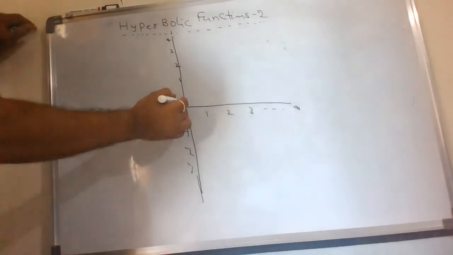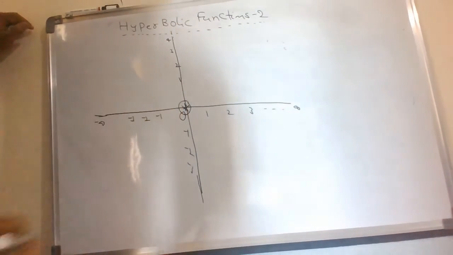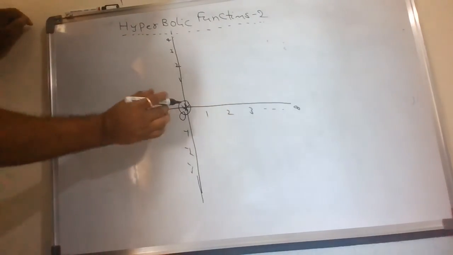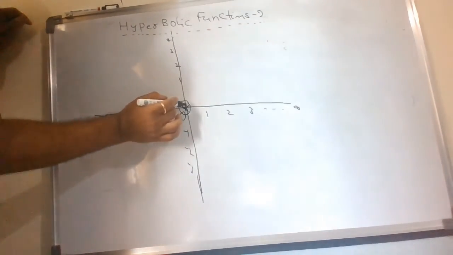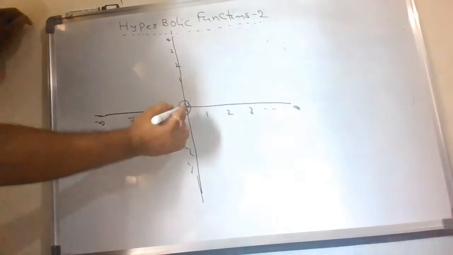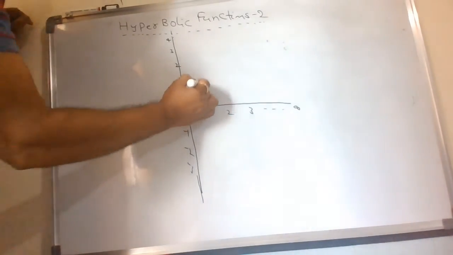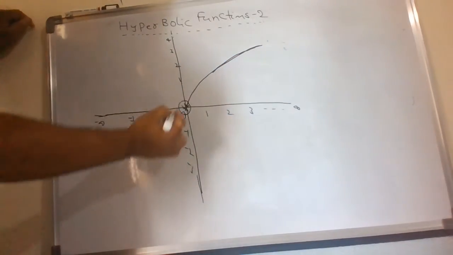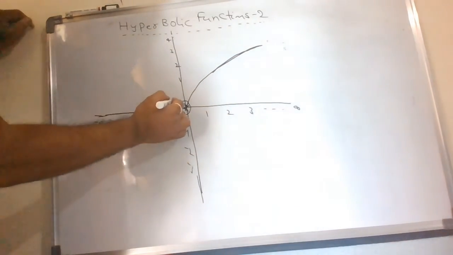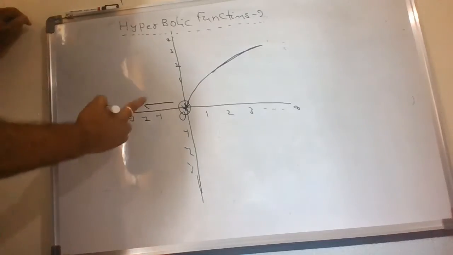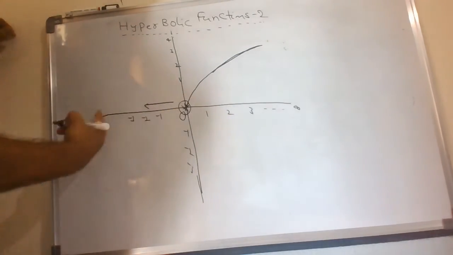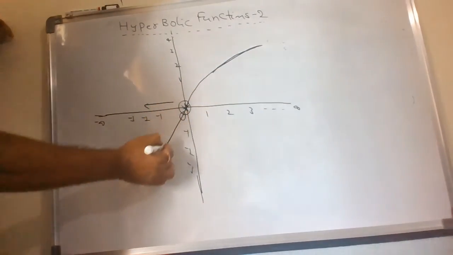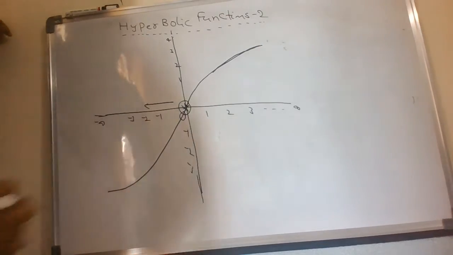When you go along the negative side, x moves in that direction, and y also tends to negative infinity.